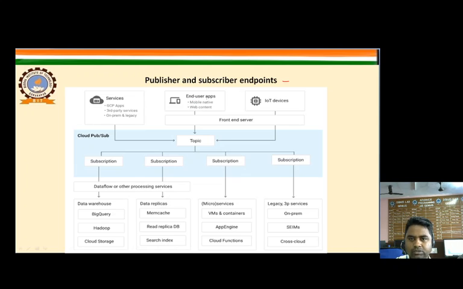End-user applications like mobile apps or web applications or IoT devices are the front end. And services like GCP, third-party services or on-prem legacy services are the sources of topics, and these topics are sent to the subscriber.